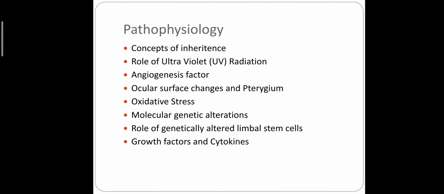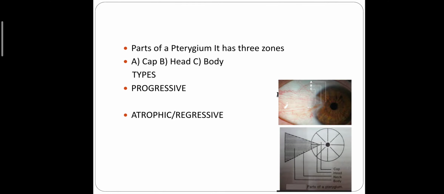Hence, the barrier effect of the limbal stem cells is lost and it causes conjunctivalization of the cornea, resulting in pterygium. These are the other pathophysiological changes which occur, but this is not of much importance to you.